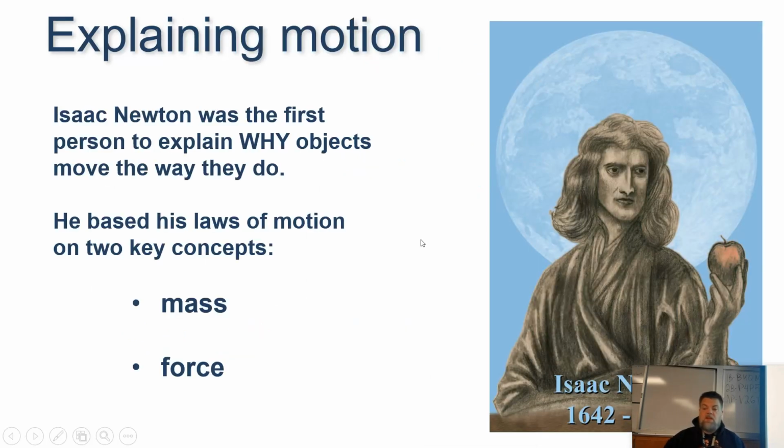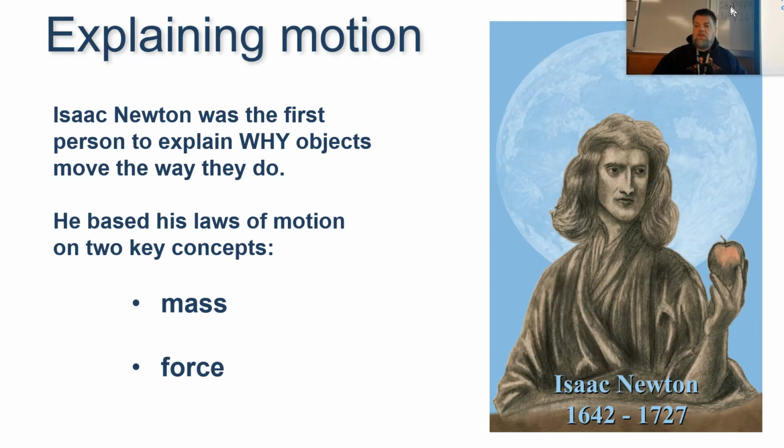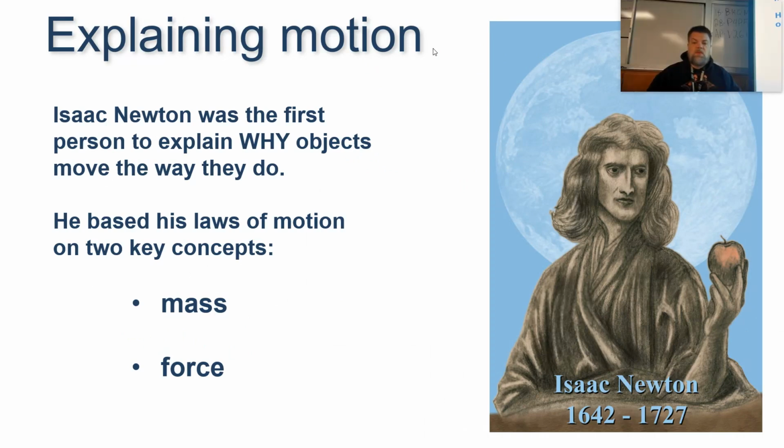All right. So Sir Isaac Newton was the first person to explain why objects move the way they move with regards to free fall. Remember, the story is that an apple fell from a tree. He was sitting under the tree. The apple hit him in the head, and he goes, "Huh, I wonder what causes this apple to fall on my head."